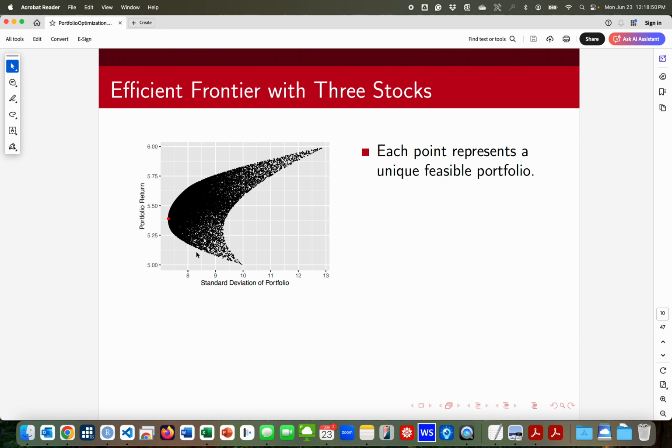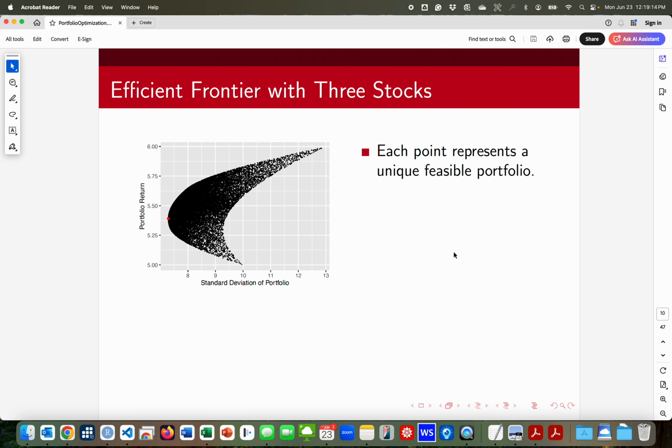For any standard deviation, we want the highest return. So if we take any point, just pick this random point, if there's one above it, then it's dominated. If there's one above that, it's dominated. One above that, it's dominated. So we end up all the way up here on this upper bound of this frontier where we have the highest return for every given standard deviation.